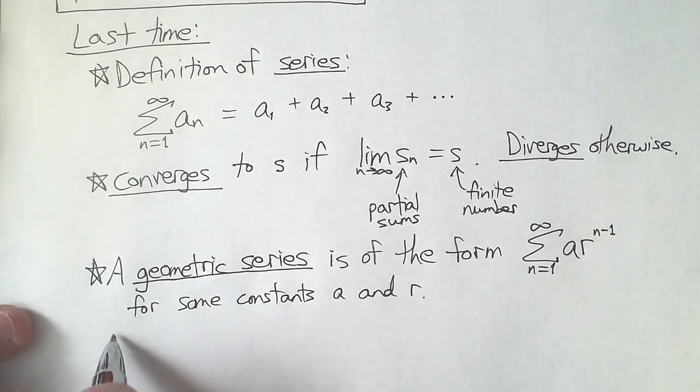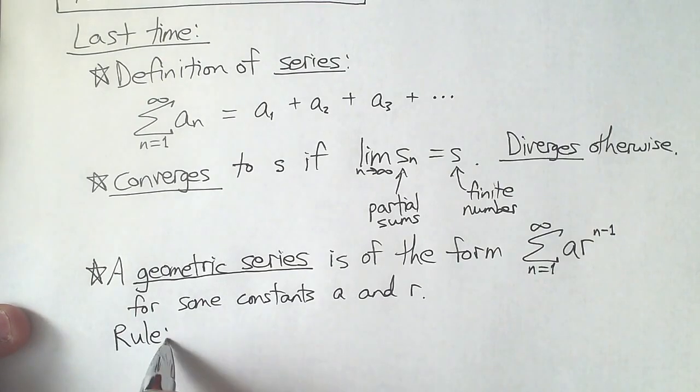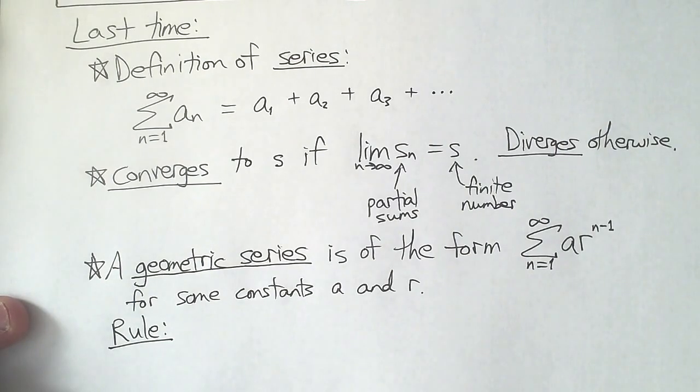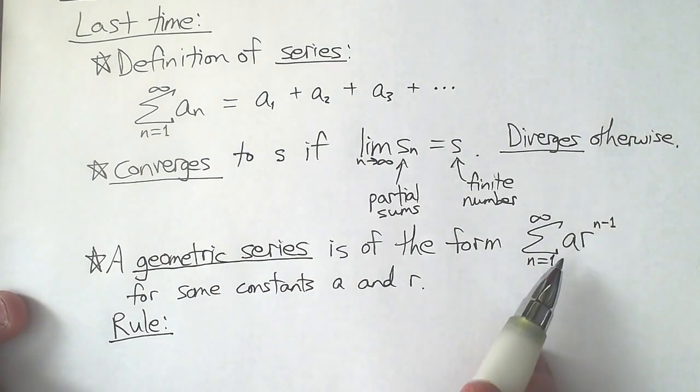All right, and the rule that we came up with for geometric series to determine whether or not a geometric series converges, it depends on what R is.